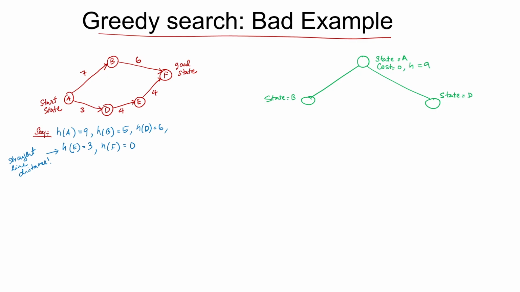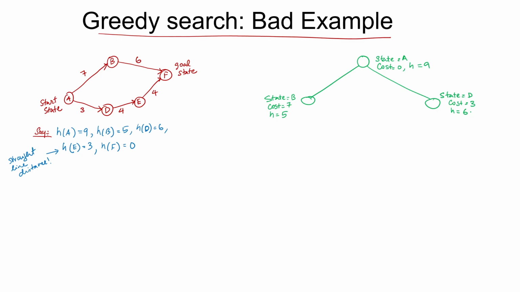When you go to B, the cost is equal to 7. And what is the value of H here? H of B is 5. For state equal to D, the cost is equal to 3, and H of D is equal to 6.